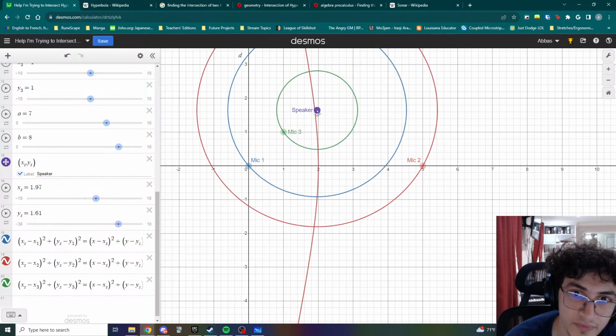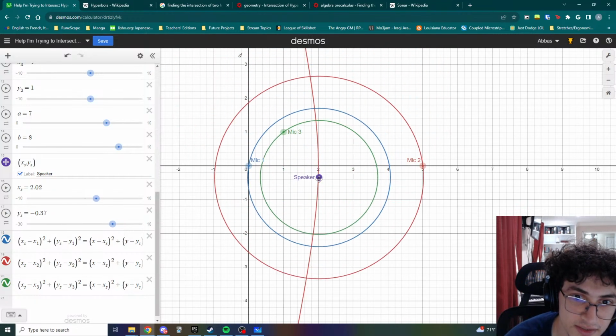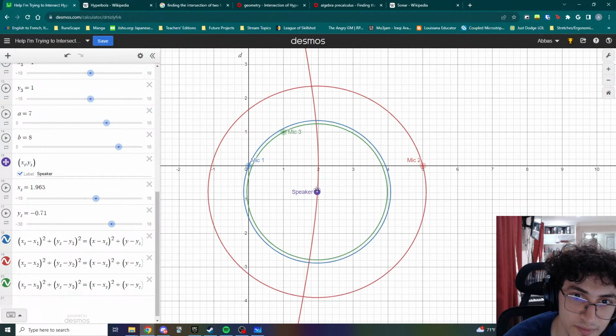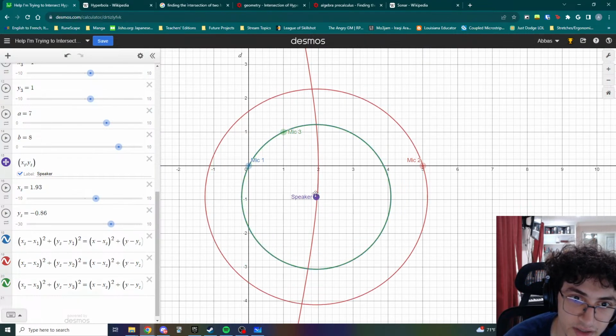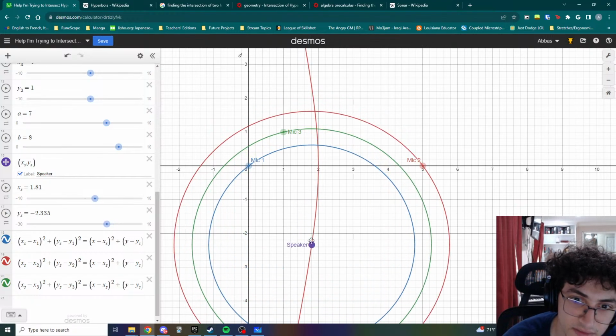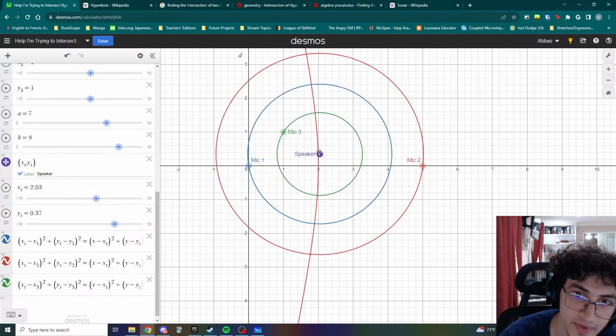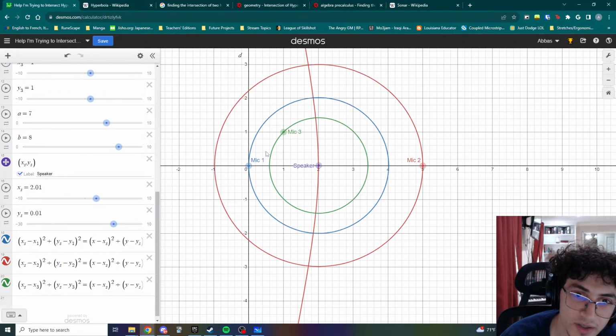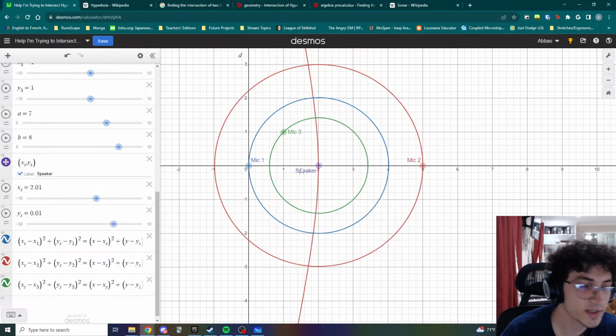The red and the blue stay pretty consistently far away from each other. But the blue and the green, they even touch at some point and overlap and then change distances again. So I want to figure out where the blue and the green are consistent, and where the red and the green are consistent.